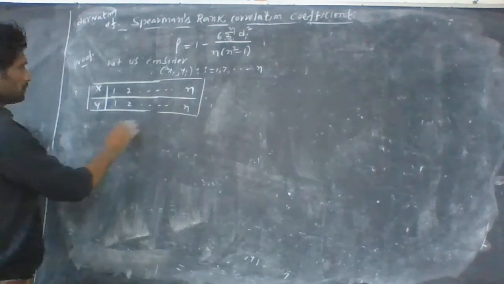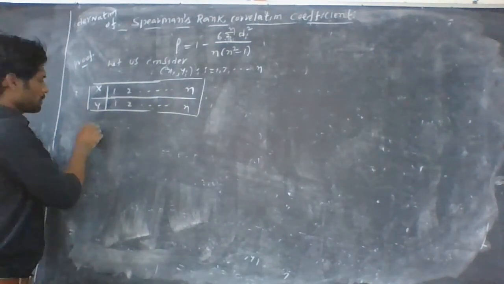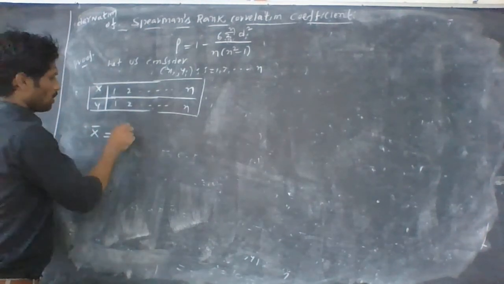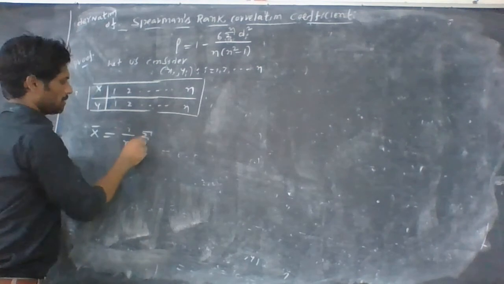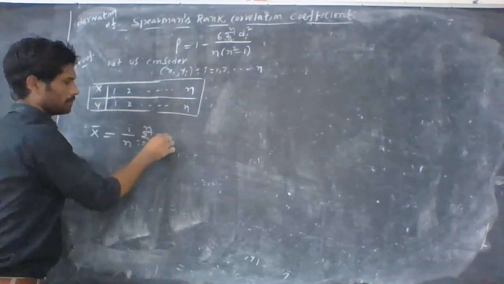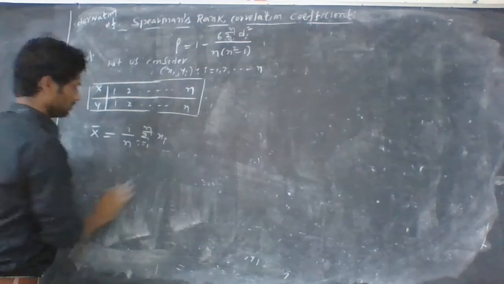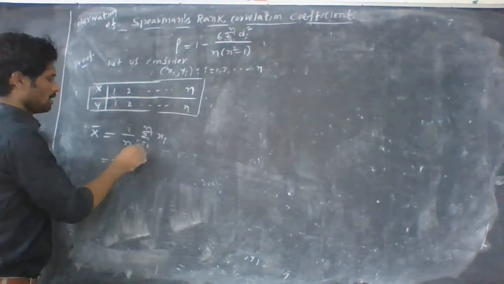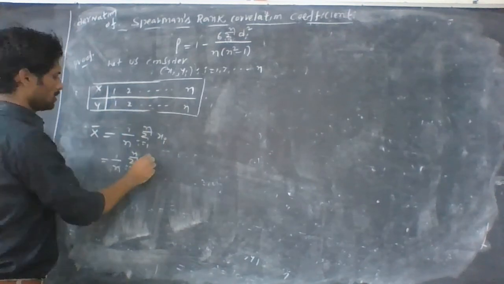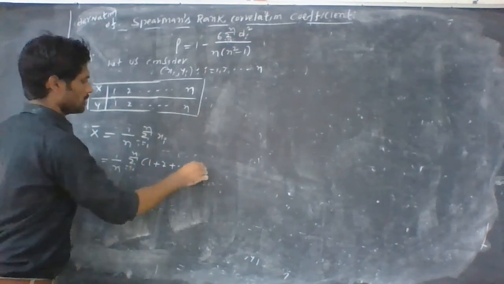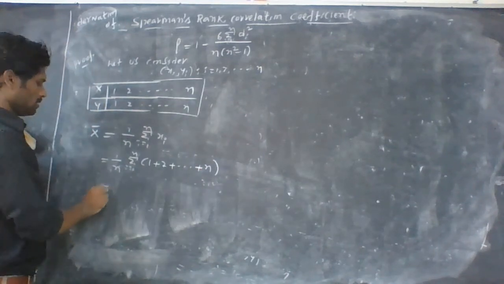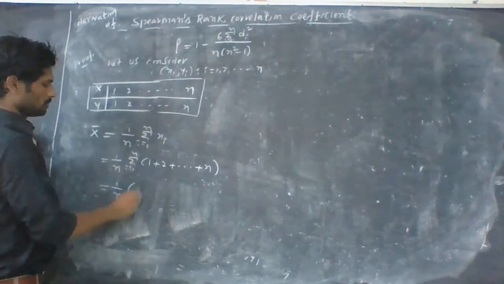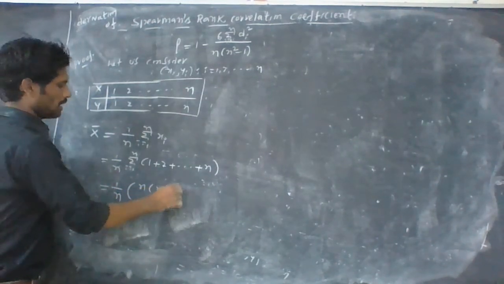So now taking x bar, x bar means 1 by n summation i is equal to 1 to n xi. So 1 by n summation of xi means 1 plus 2 plus and so on to n.